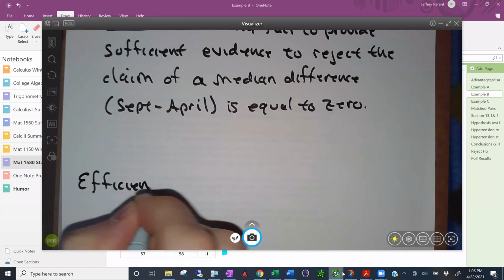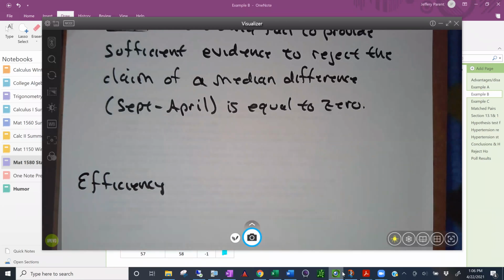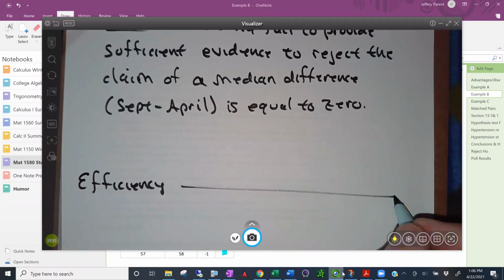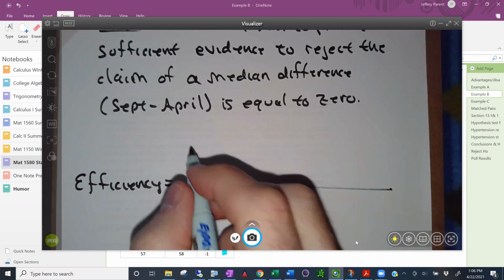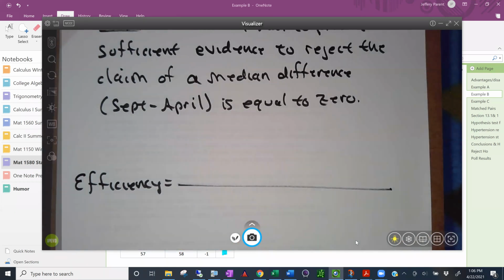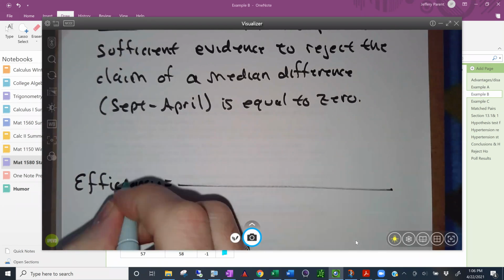And this is something that I'd want you to know coming away from this section. The efficiency is the number of observations required by a parametric test divided by the number of observations required by a non-parametric test. So let me write that down.